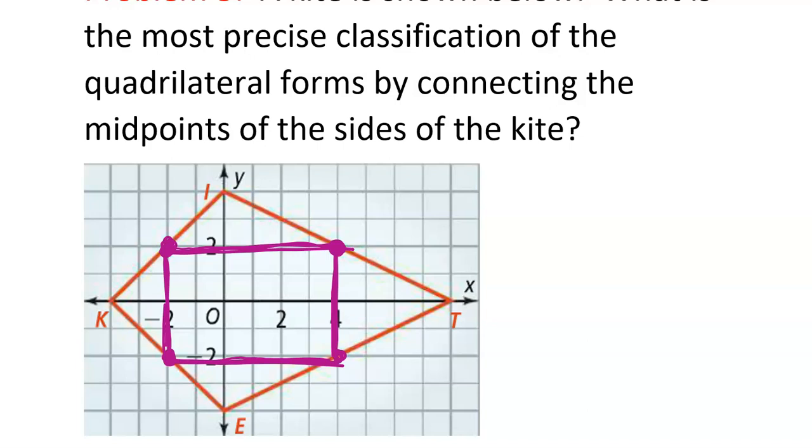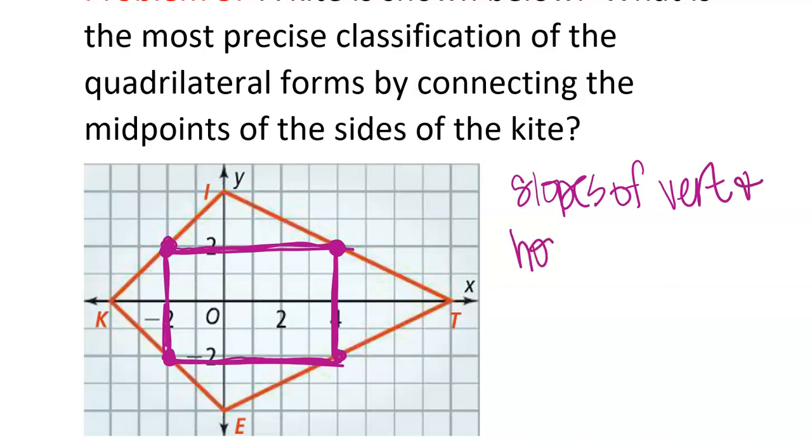But what you're going to say is slopes of vertical and horizontal lines are perpendicular, and that's what you have. So you have 4 sets of those. Okay, so this would be a rectangle. Oops, we're not answering yes or no. Rectangle.